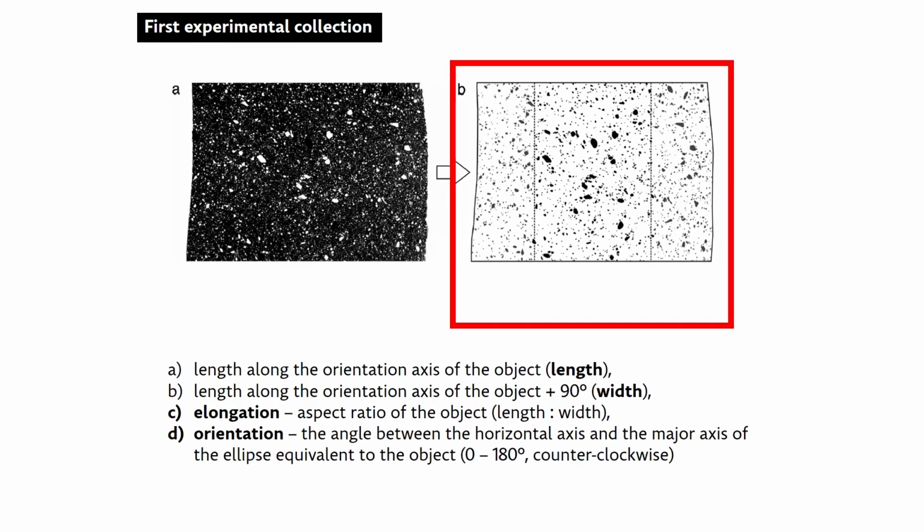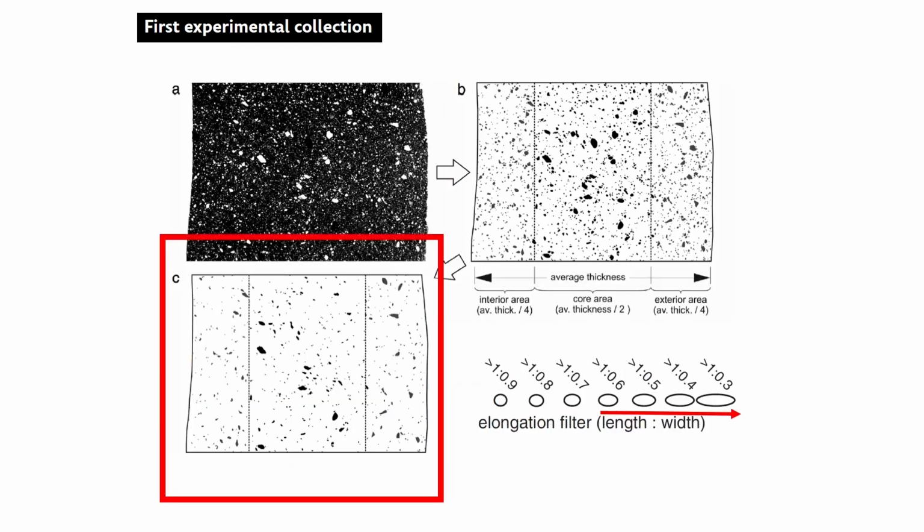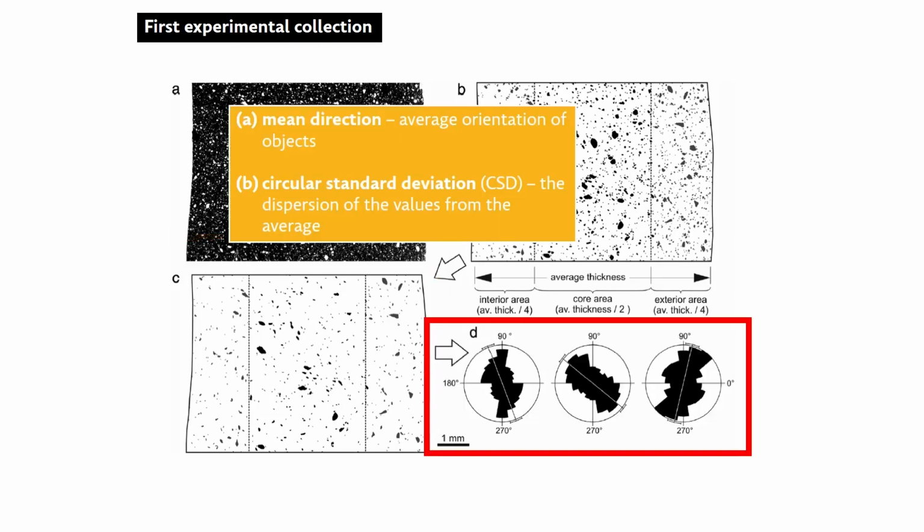The most important are elongation, calculated as aspect ratio, and orientation. The objects with aspect ratio 1 to 0.6 were selected for the analysis based on the examination of the relation between elongation, size, and the expected alignment of the object.